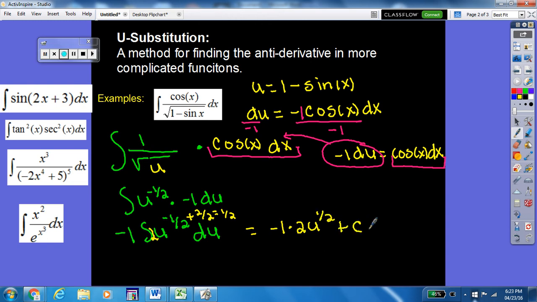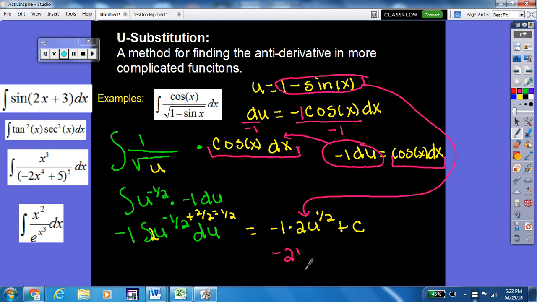Don't forget the plus c. So of course this will become negative 2. And last step, don't forget to replace u with what you set it equal to in the beginning. In this case, 1 minus sine x. So negative 2 times u to the 1/2, same thing as the square root of 1 minus sine x, plus c. And that's it.